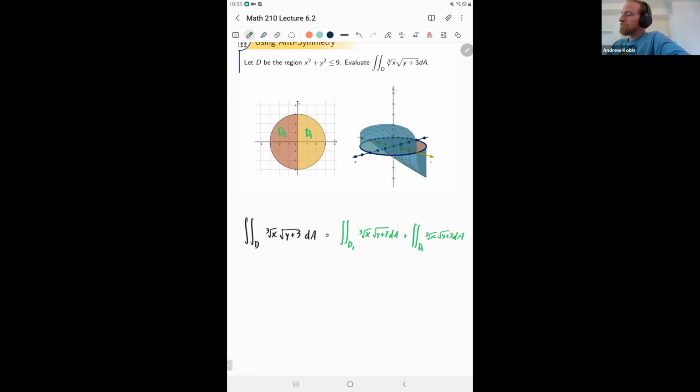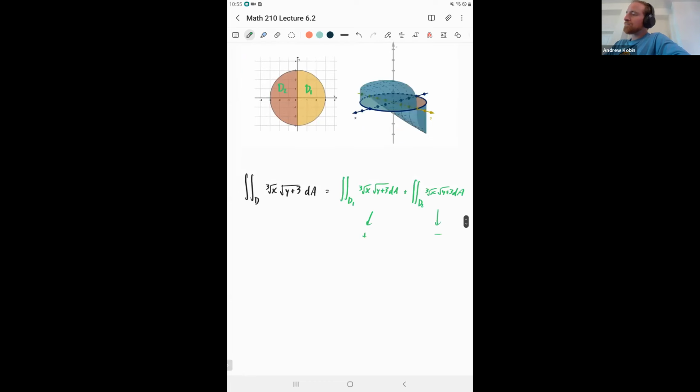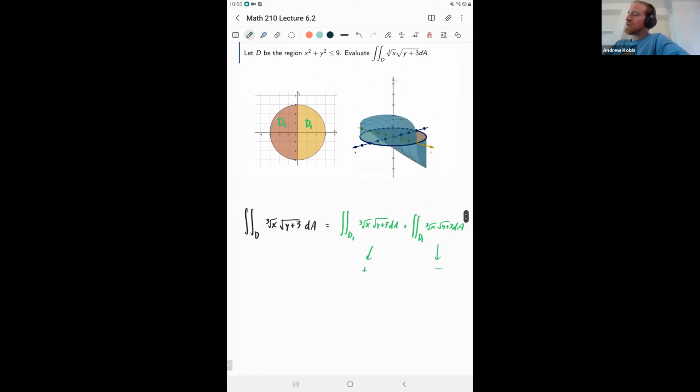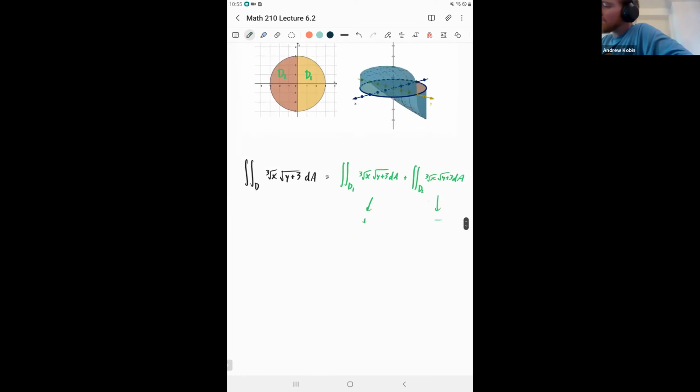Now, if you had to guess, you'd probably say this is positive because on D1, our x values are positive, and this one's negative because on D2, where the x values are negative, the heights are going to be negative. But if you weren't sure about that, let's stare at our formula for the function. Actually, I have enough info down here. I can see the function here.